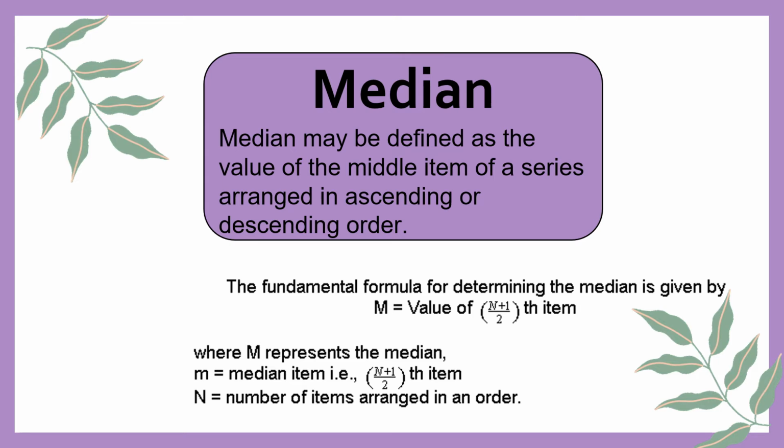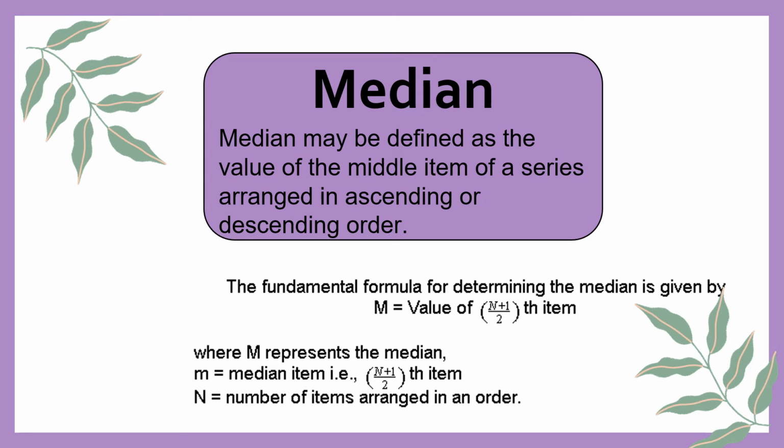Now, the fundamental formula of determining the median is M is equal to the value of (N plus 1) by 2 th term, where M represents the median, M is the median item, and N is the number of items arranged in order.